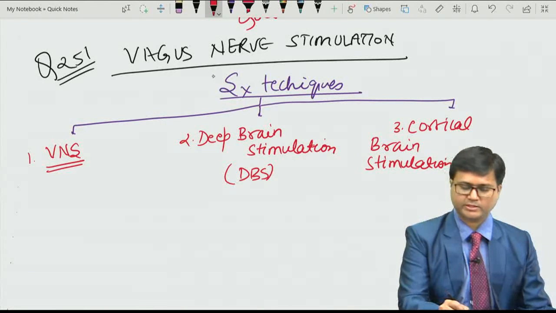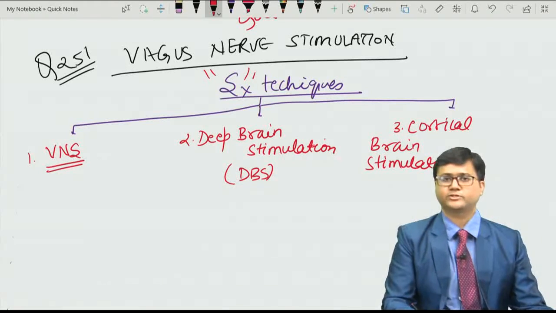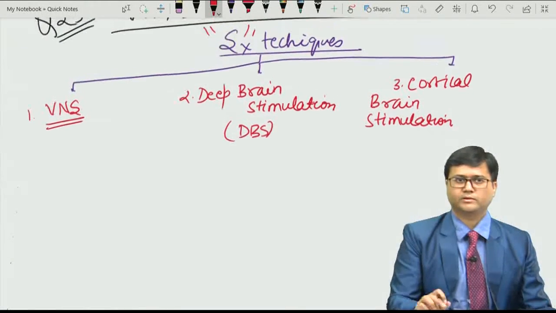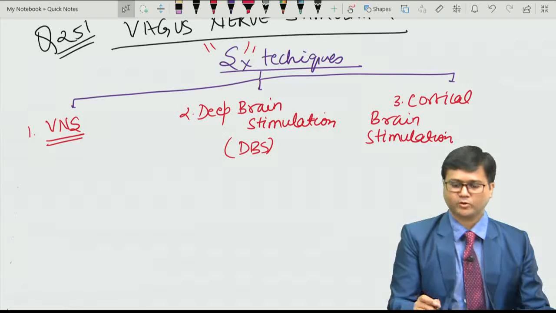So these are the various surgical techniques: vagus nerve stimulation, deep brain stimulation, and cortical brain stimulation.